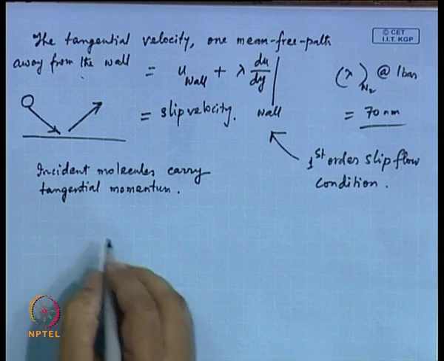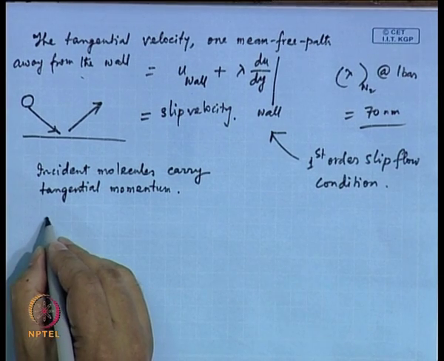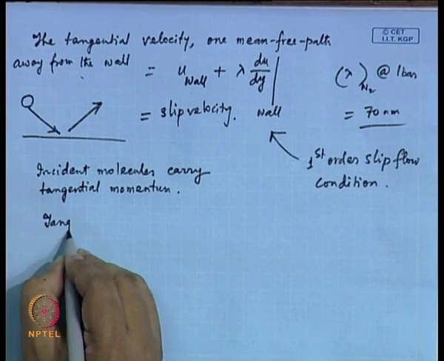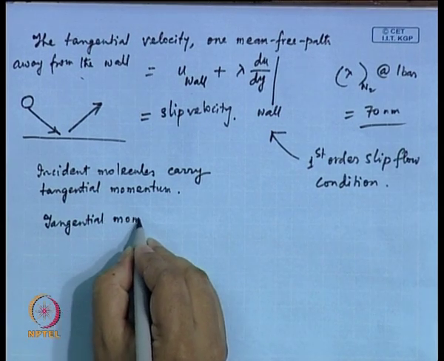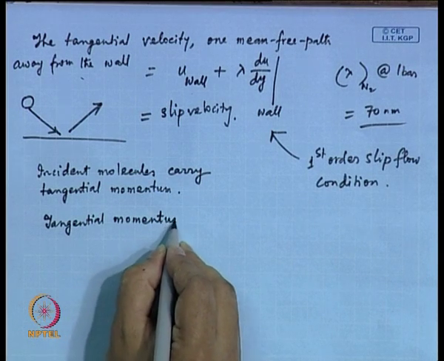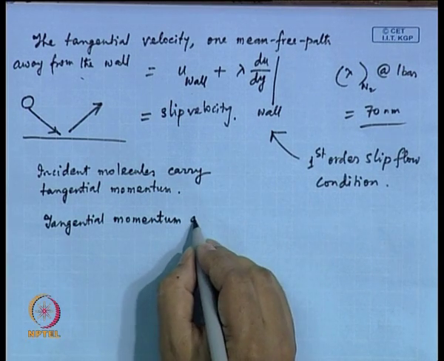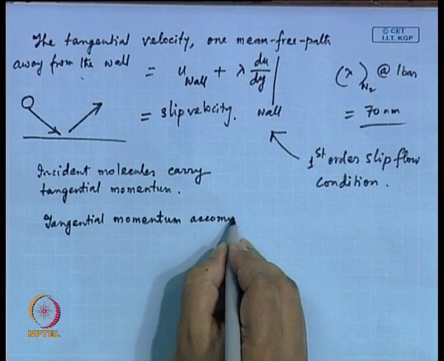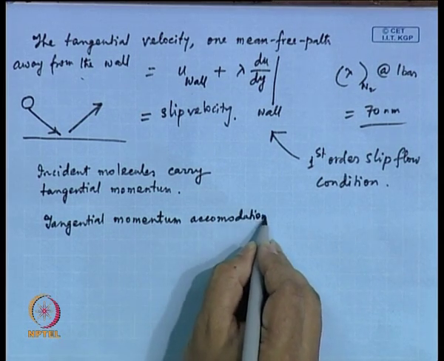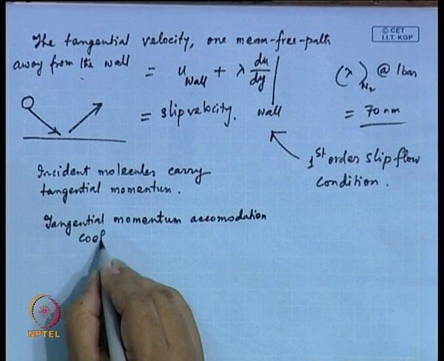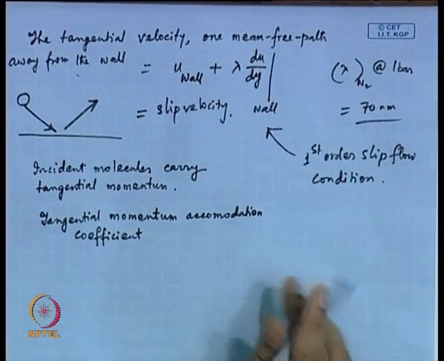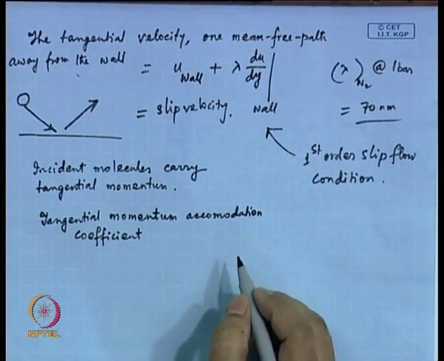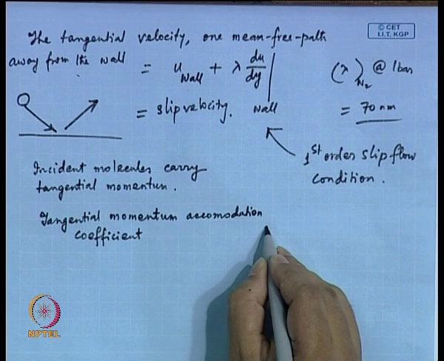And there is one term called the tangential momentum accommodation coefficient. It is quite a long term, so many words in one coefficient. Now, this is the tangential momentum accommodation coefficient.